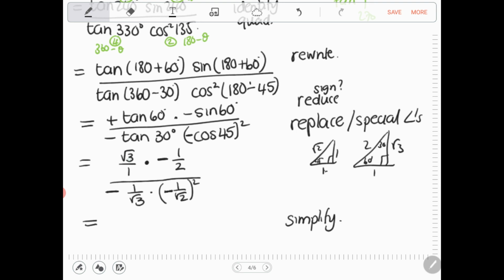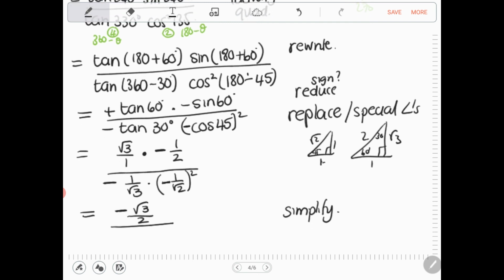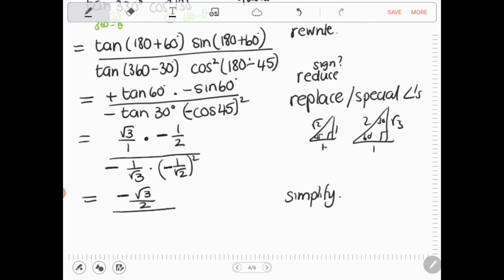All right, so at the top, multiply fractions. Positive times a negative is a negative. Root 3 times 1 is root 3. And 1 times 2 gives me a 2. At the bottom, I need to do the square, so let's take one term, square that, and square that.